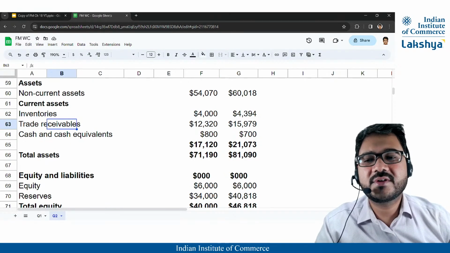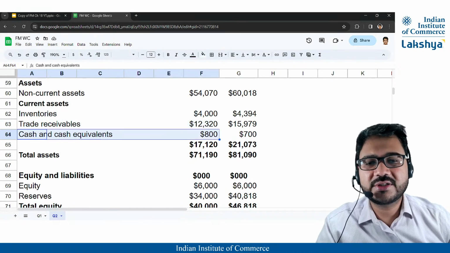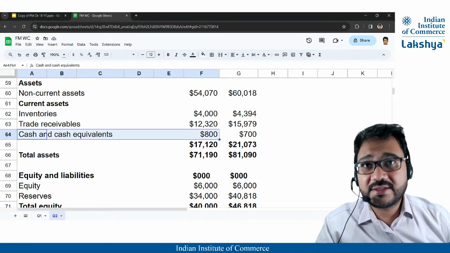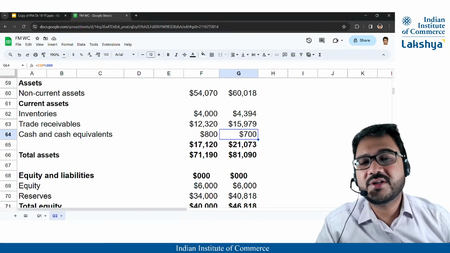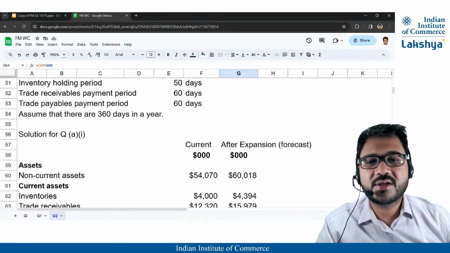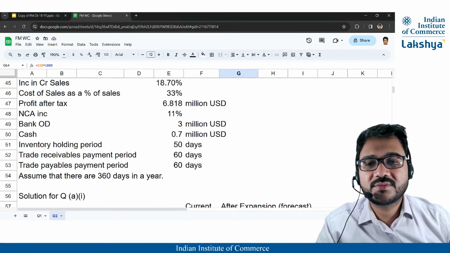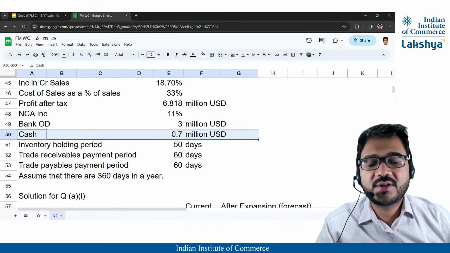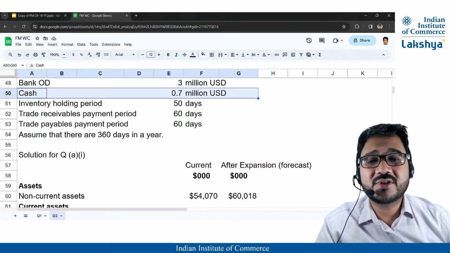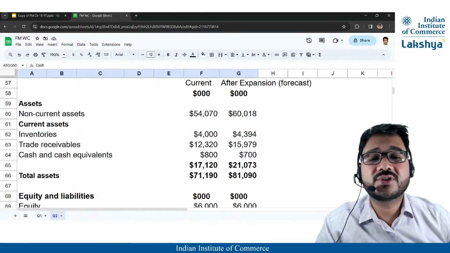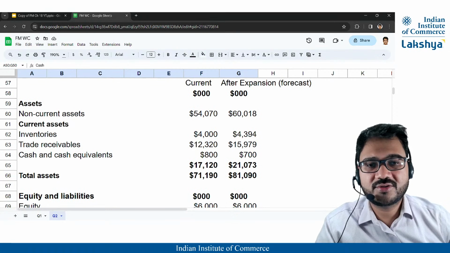Then we have cash and cash equivalents. We had discussed earlier that it's given 700,000. So we write somewhere it was. Okay, I think we didn't write it. Yeah, it's 0.7 million, which is equal to 700,000, $700 thousand.